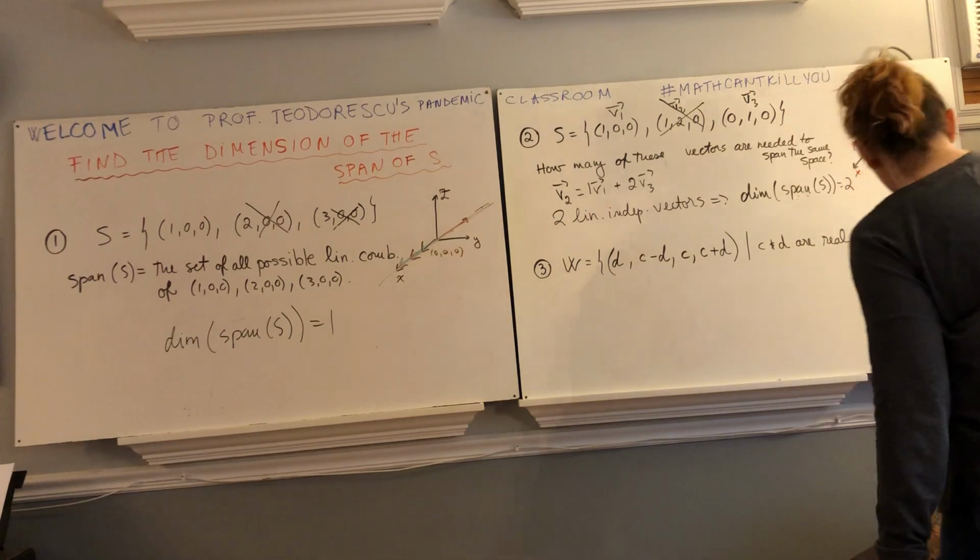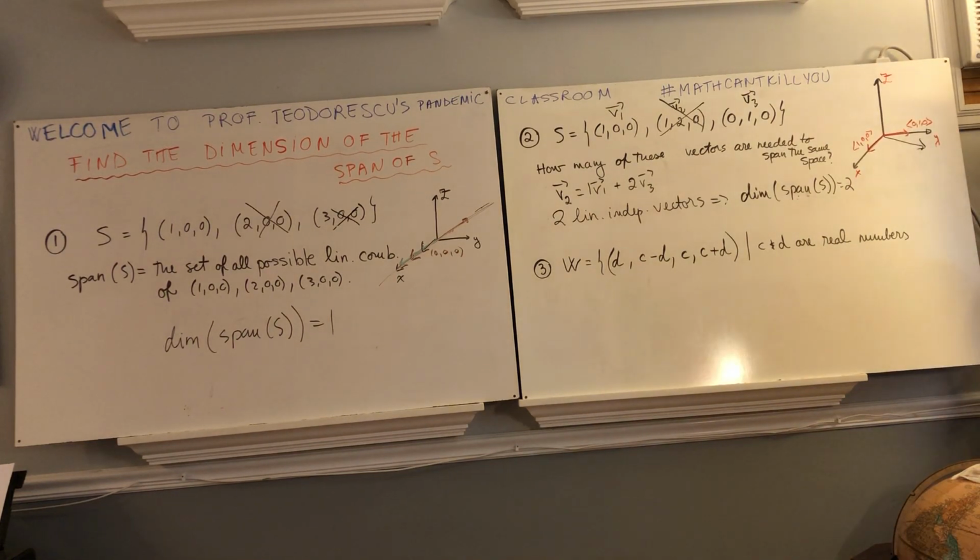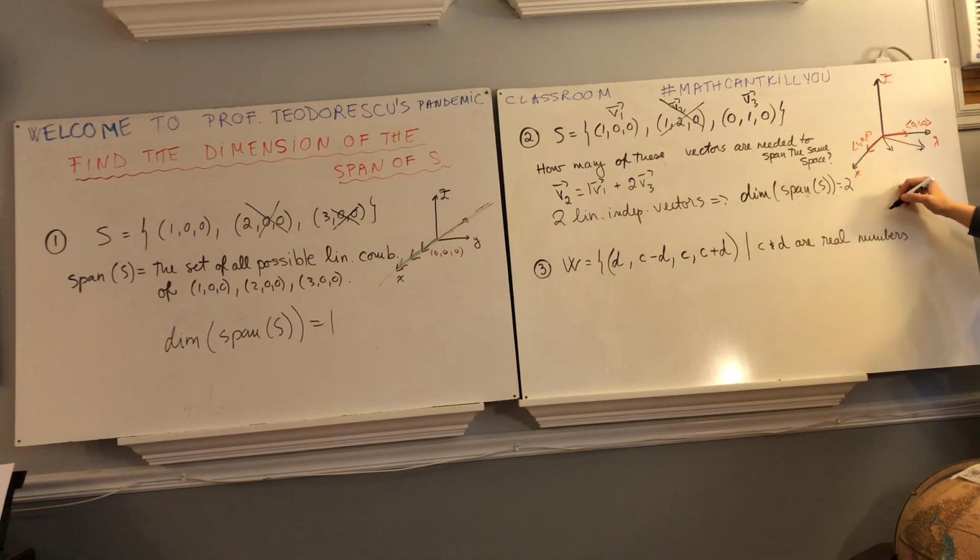All right, so what does that look like geometrically? You're done with the question, that's it. We answered the question. But to visualize what the span means, well, the span of S is every possible combination of 1, 0, 0 and 0, 1, 0. That means if I multiply 1 times V1 plus 1 times V2, I get this vector. I multiply V1 times -1, I get this vector.